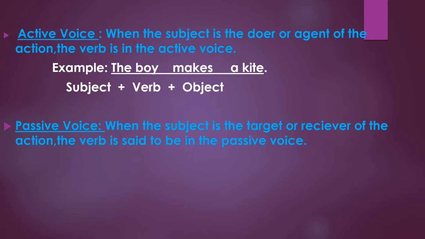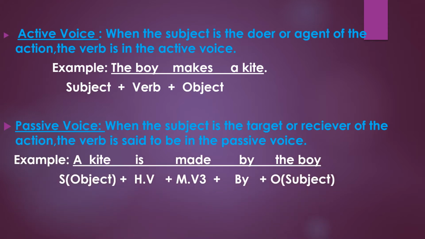When the subject is the target or receiver of the action, the verb is said to be in the passive voice. For example, a kite is made by the boy. So here the subject is the receiver of the action.